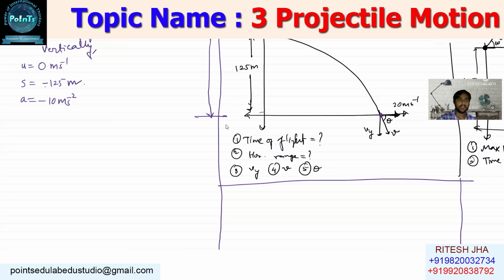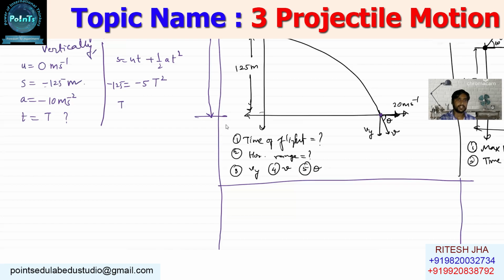Then we have to calculate the time. Which formula to be used? We need T and we don't want V, so S equals UT plus 1/2 AT squared. Minus 125 equals 1/2 of minus 10 into the time squared.